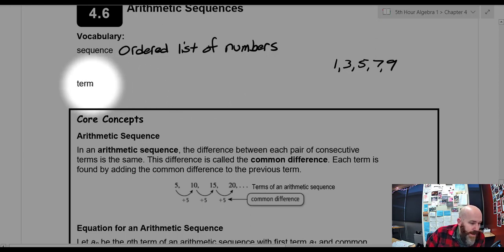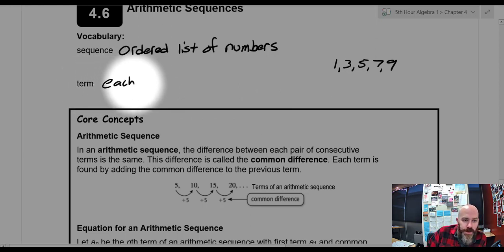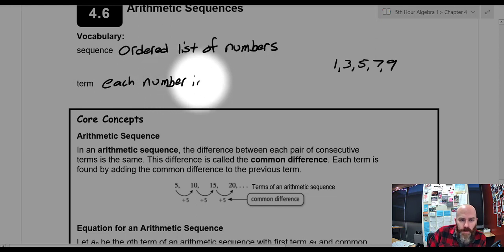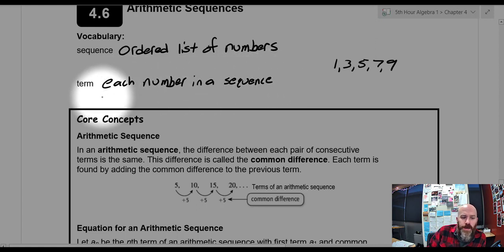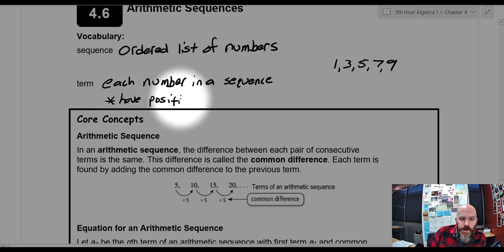A term is each number in a sequence. And terms can have positions.